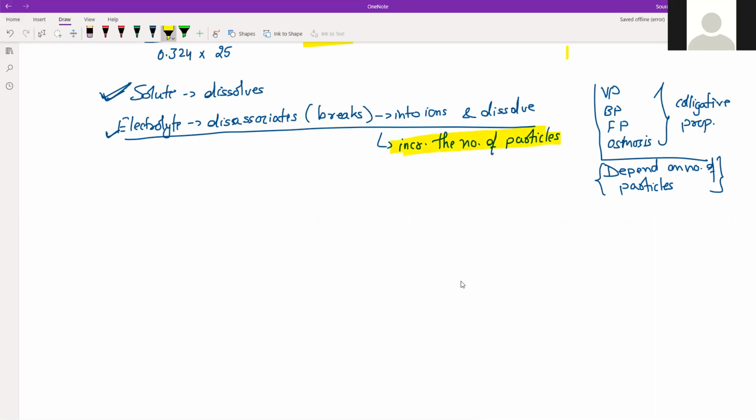And there can be the reverse as well. It may also decrease when these electrolytes, instead of dissociating, combine to form a new salt. So in that case, the number of particles will decrease.